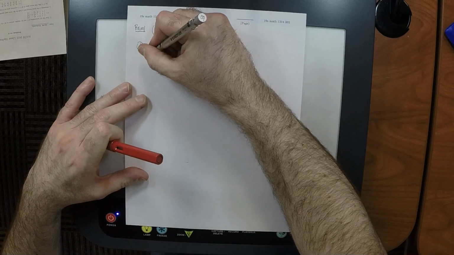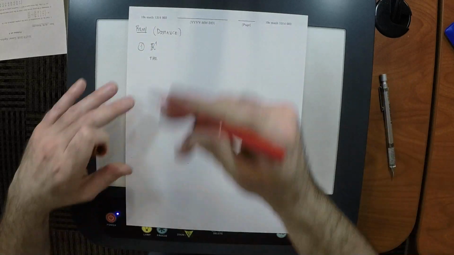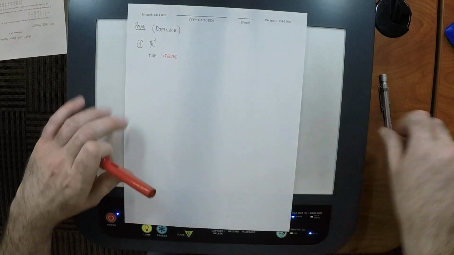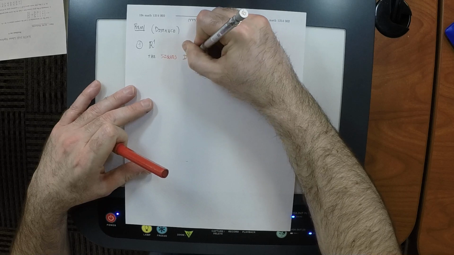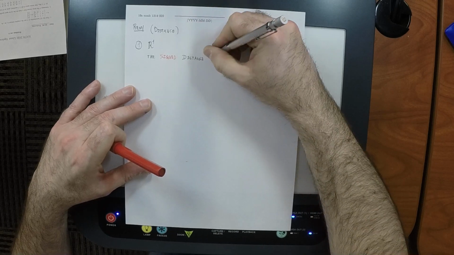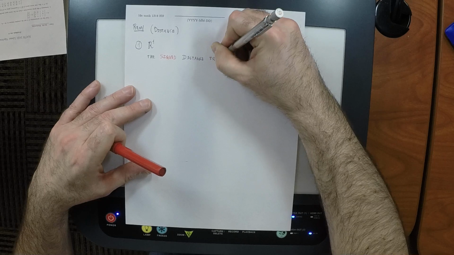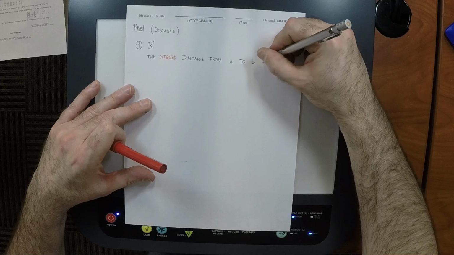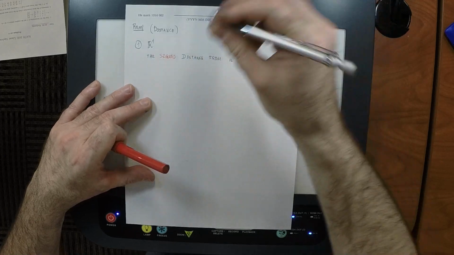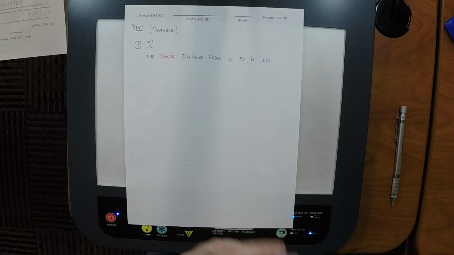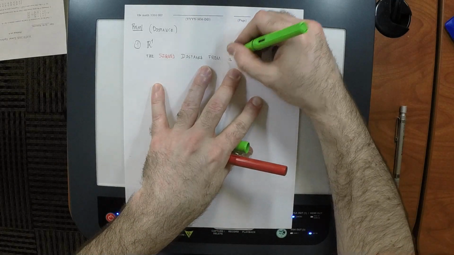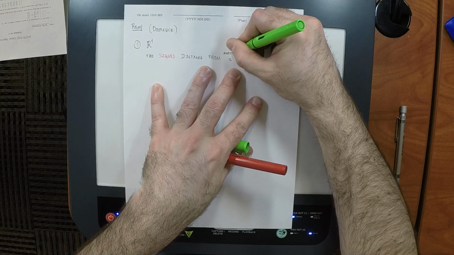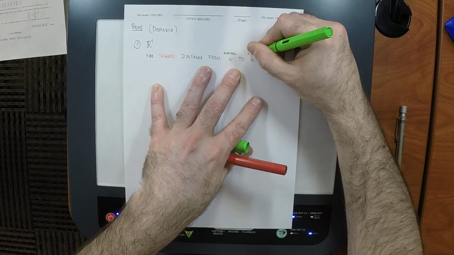So the signed distance from A to B is, so this is frequently referred to as the initial point, and this one the final point.